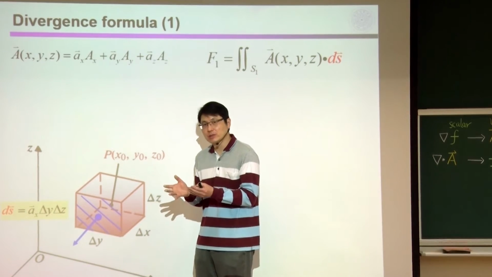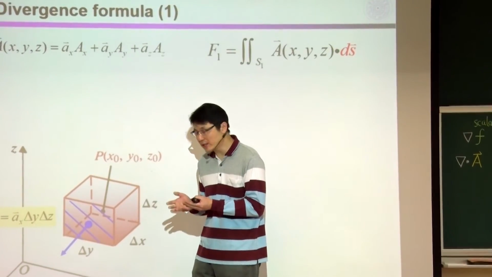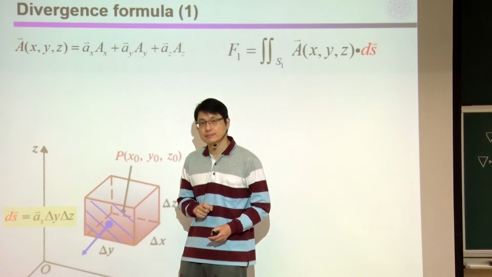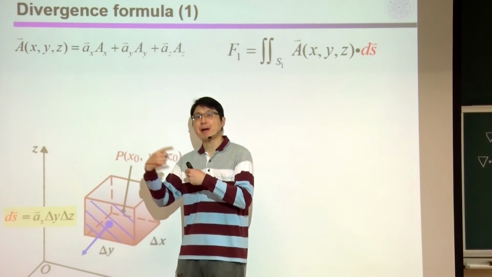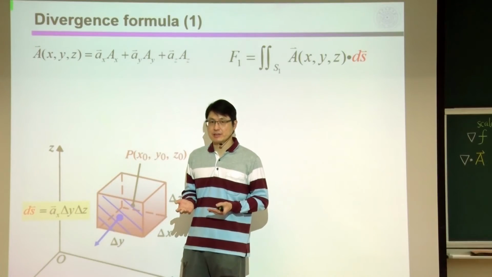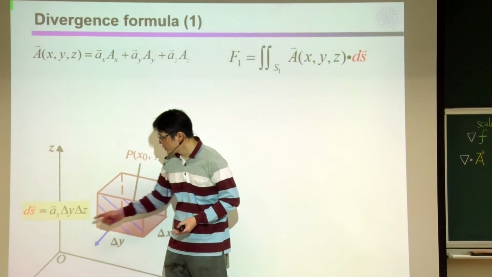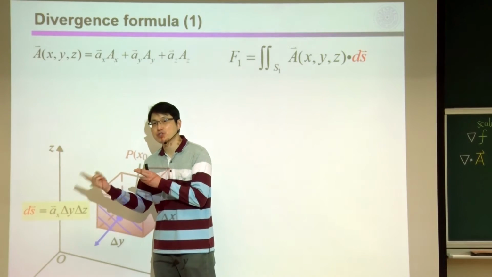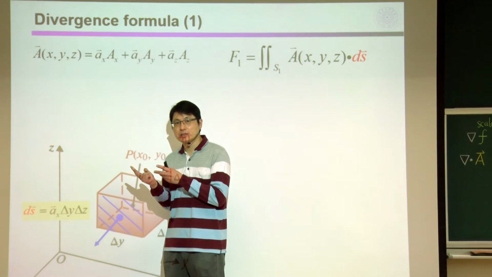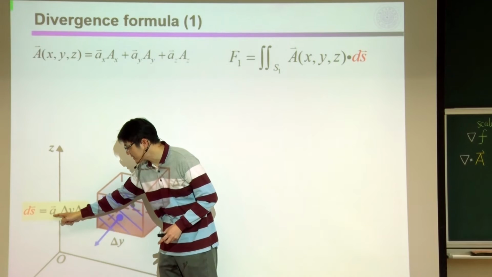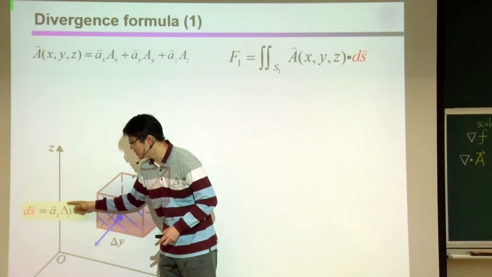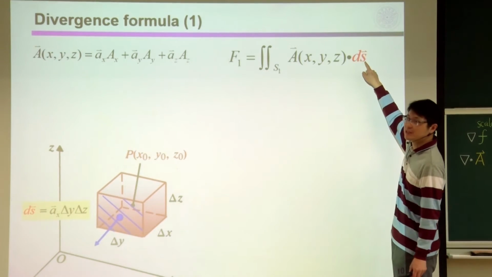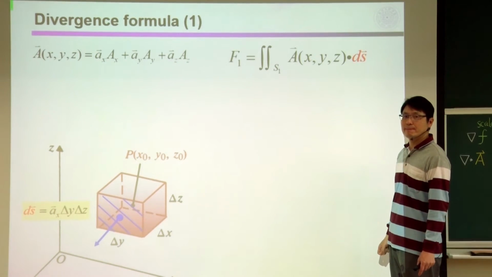So its magnitude, its surface area, must be delta y, delta z. Again, this is coming back to what I emphasized. For a given surface, you have the direction, and then the magnitude must be determined by the other two unit vector directions, right? So you have the x direction, but then the magnitude is determined by delta y, delta z. So you know how to formulate this ds, right?